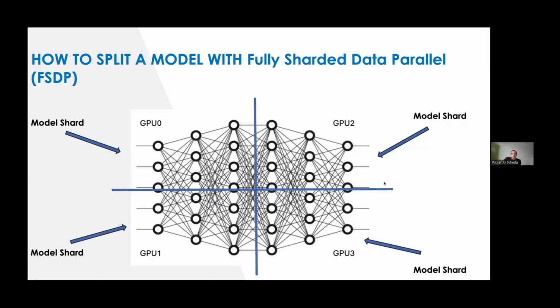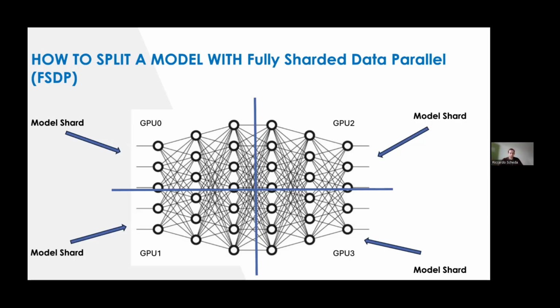In Fully Sharded Data Parallel, we do something which is similar to other techniques, model parallelism and tensor parallelism, but not equal, in the sense that in model parallelism and tensor parallelism you divide the model horizontally or vertically.